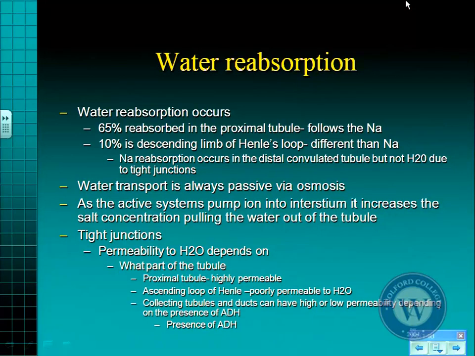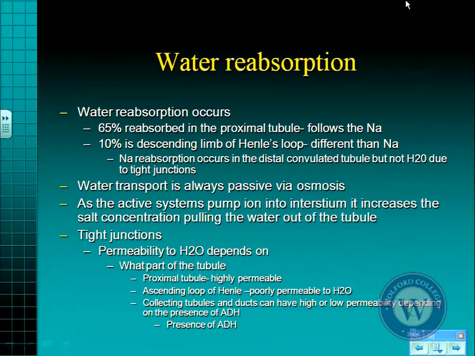Okay? If you look at the permeability of the distal convoluted tubule and into the cortical collecting duct, you can actually change the permeability to water. If I make something more permeable to water, what happens to its reabsorption? In other words, if I give you an antidiuretic hormone, it works at the collecting ducts. It doesn't work in the loops of Henle.